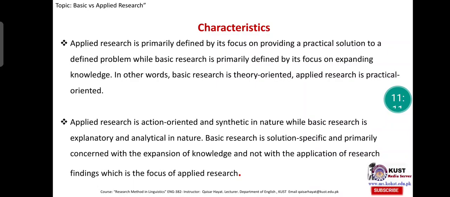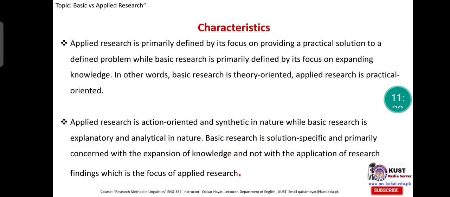Now, applied research is action oriented and synthetic in nature, while basic research is explanatory and analytical in nature. Basic research is primarily concerned with the expansion of knowledge and not with the application of research findings, which is the focus of applied research.